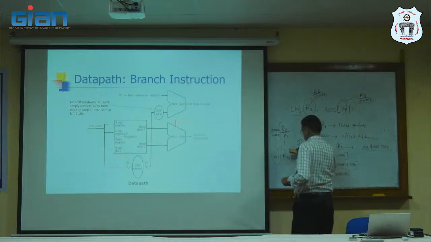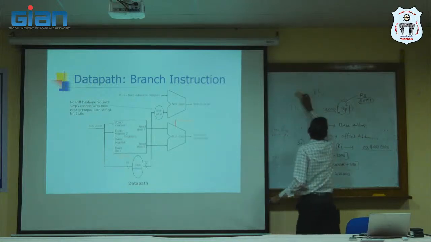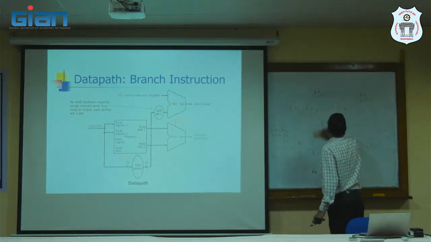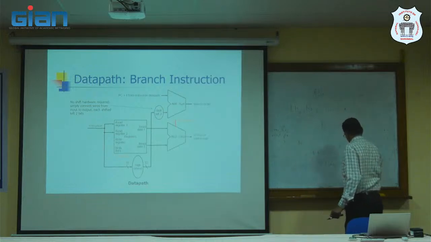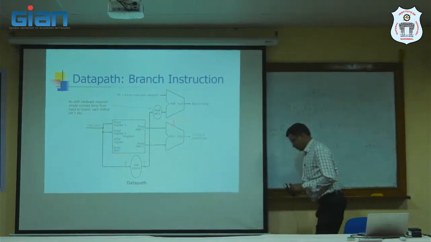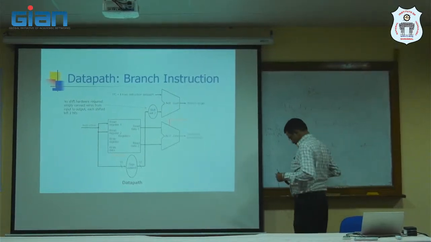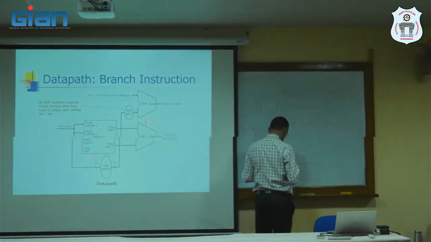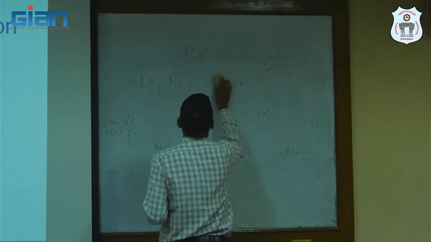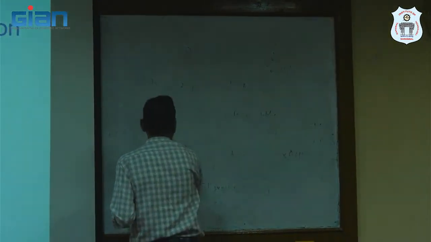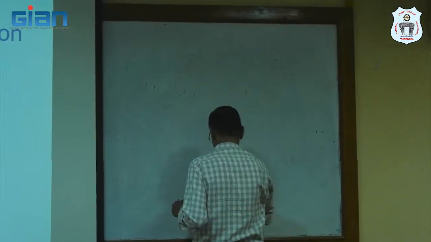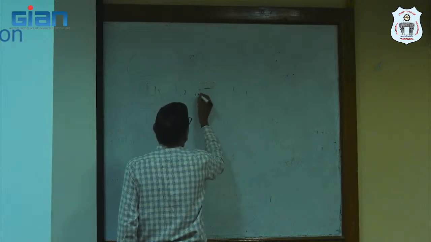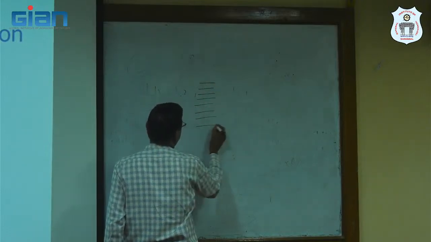Branch on equal. Suppose you write code like this, these are the instructions, the program code.